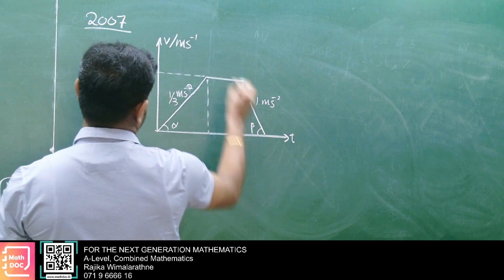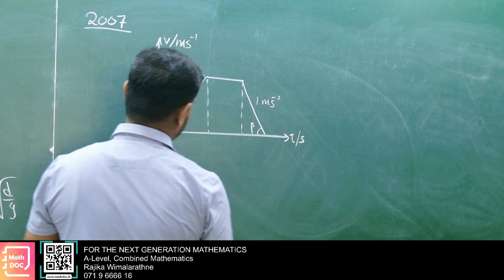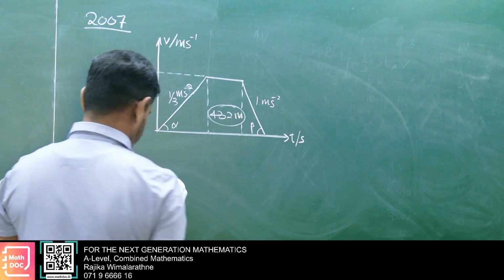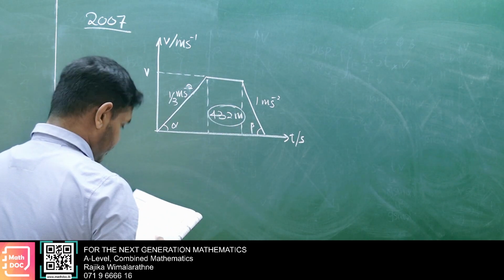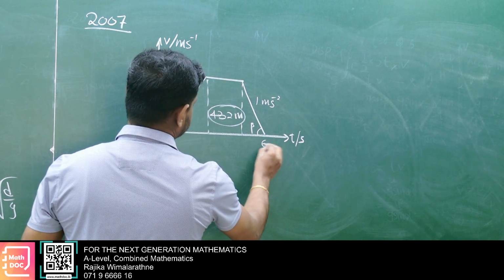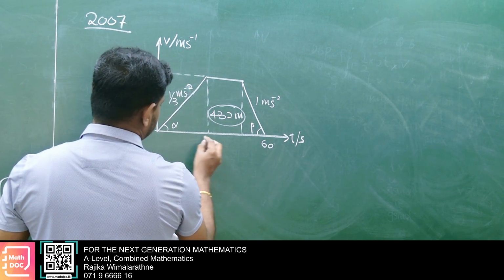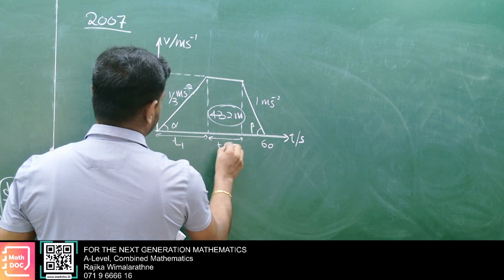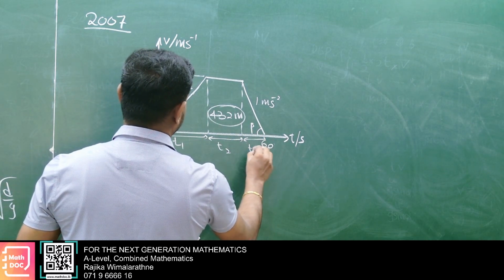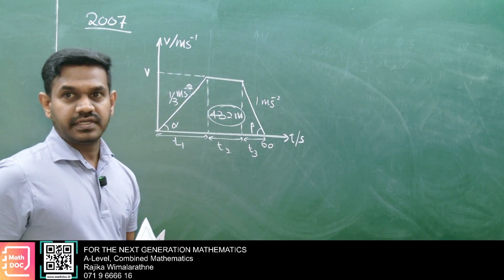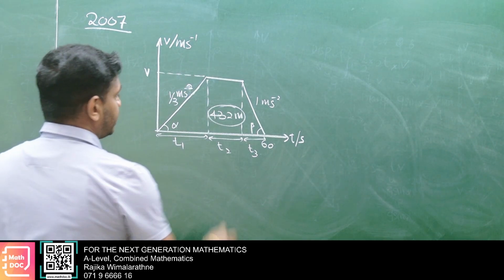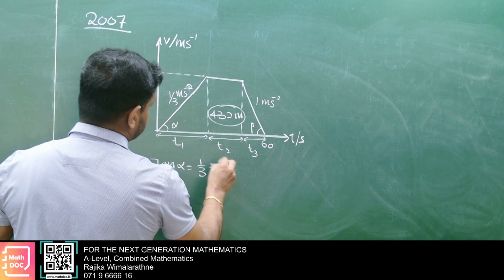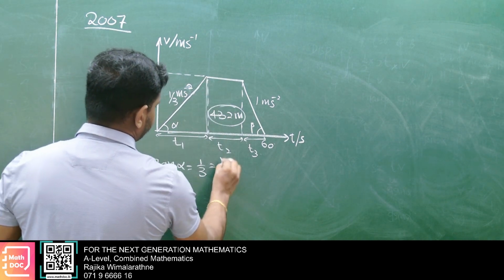Velocity in meters per second, time in seconds, total displacement 432 meters. Total time 1 minute, that is 60 seconds. Then I'll take each stage's time as t1, t2 and t3.